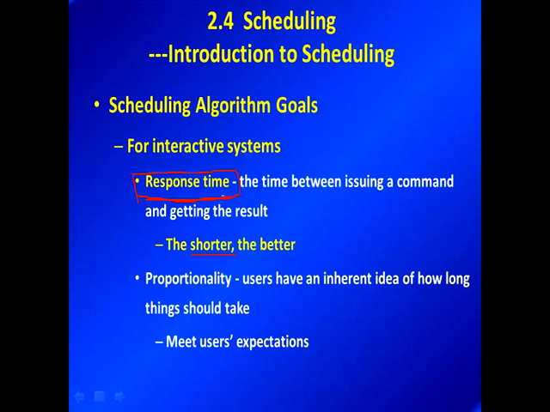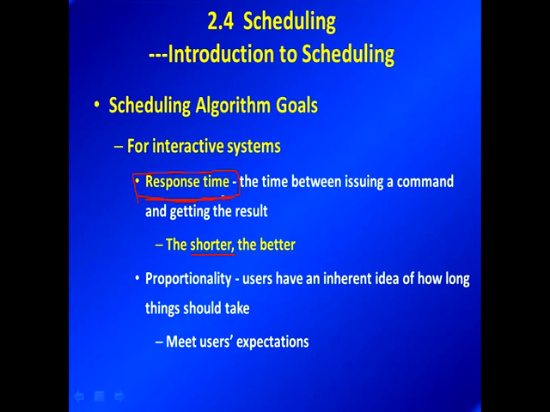But in this course, we'll learn some concrete preemptive algorithms used for interactive systems. You can see we just take the same criterion as batch systems.